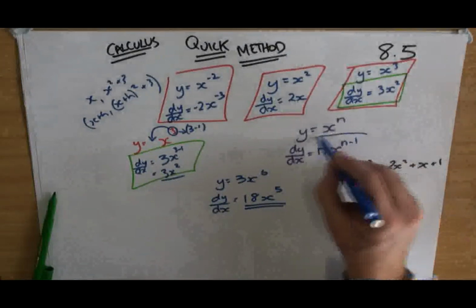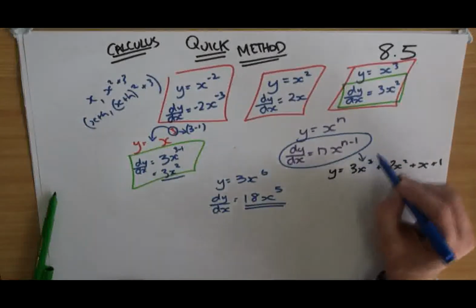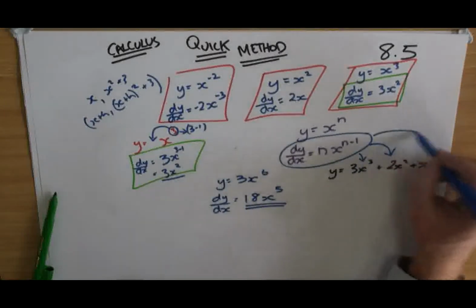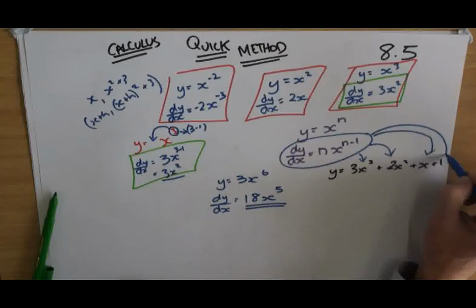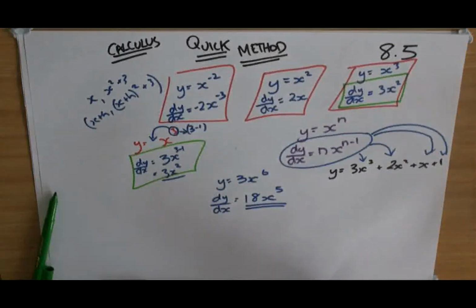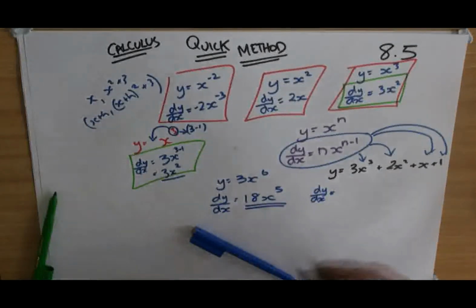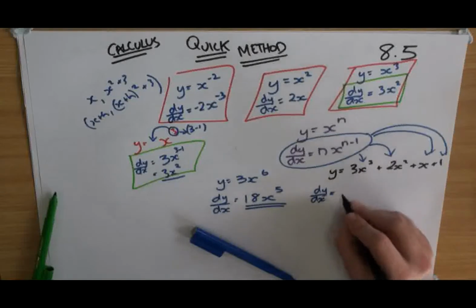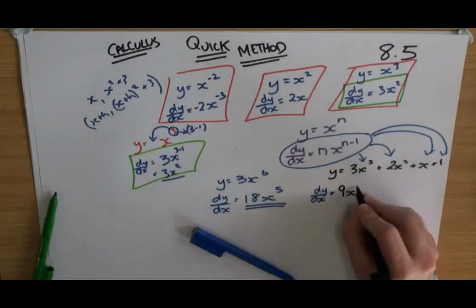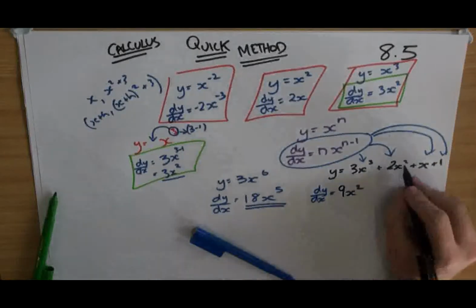We apply it to this one, and then this one, and then this one, and then we can even apply it to the constant term. So let's have a look. dy dx is going to equal 3 comes down the front, multiplies by that 3, 9x, and that minuses by 1, to the power of 2.